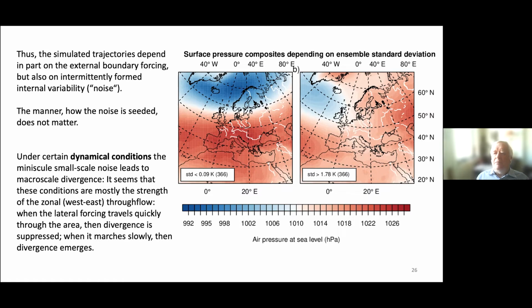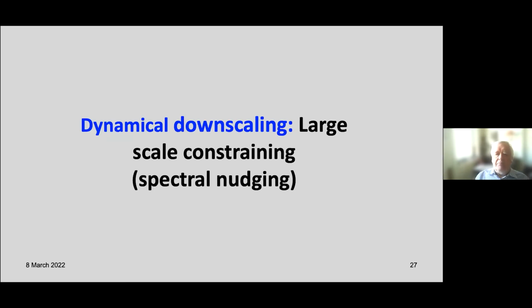So on the left-hand side, the memory is small because everything is blown away, while on the right-hand side, there's a chance for disturbances to live for a longer time. The other interesting part of this experiment is, of course, that it does not matter how the noise is brought into the system.